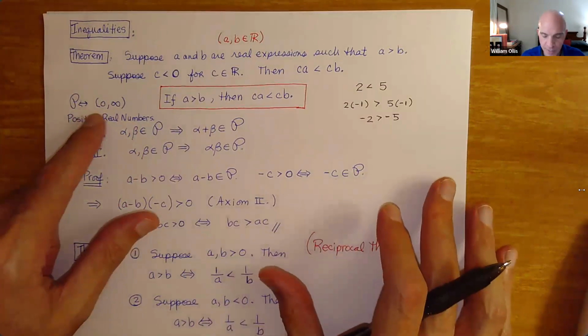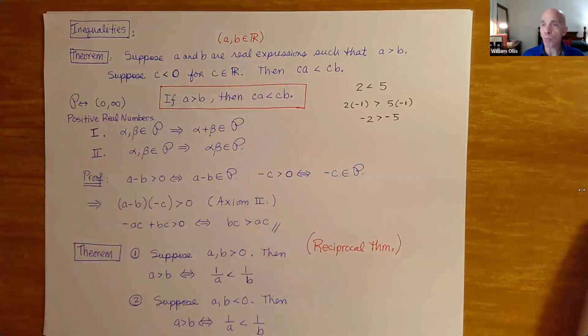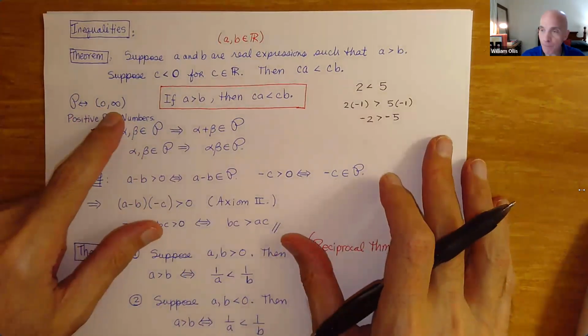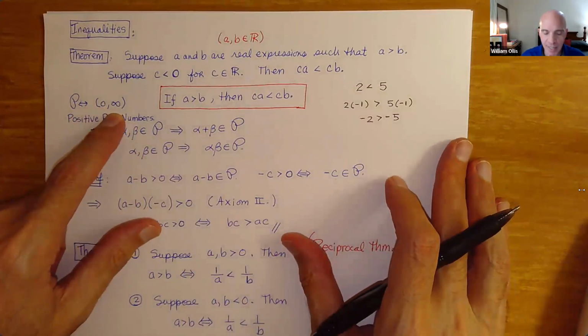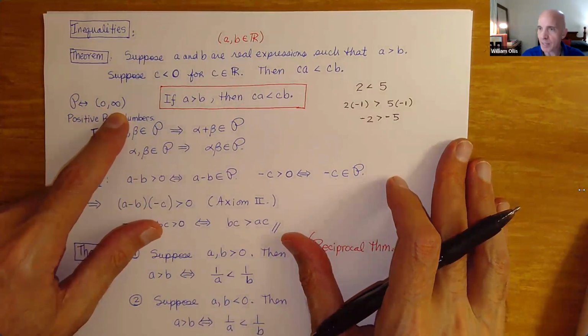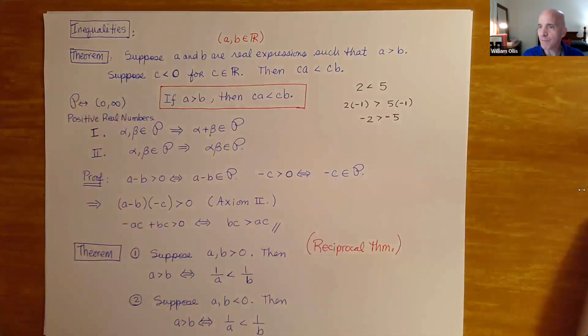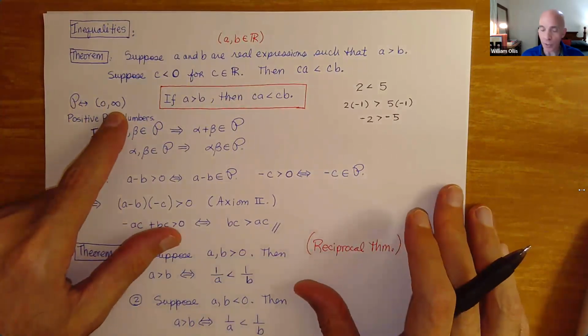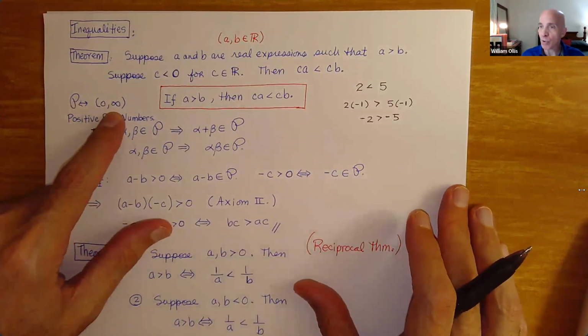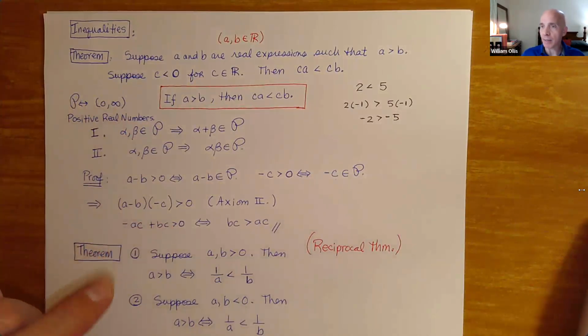We will use the parentheses when we do not want to include the endpoint, and then we'll use brackets when we want to. Now, the thing is, infinity is not a number, so it never has anything except a parenthesis. You can't bracket infinity because it's not a number.